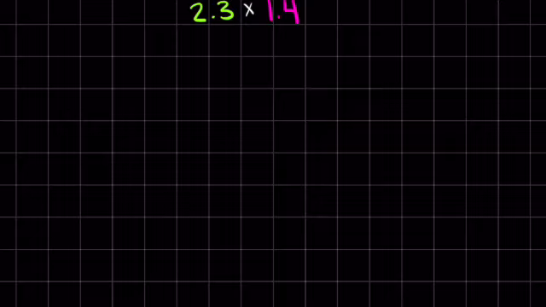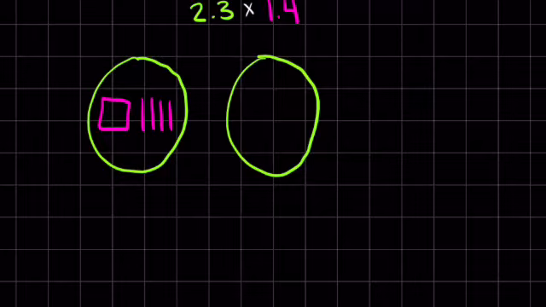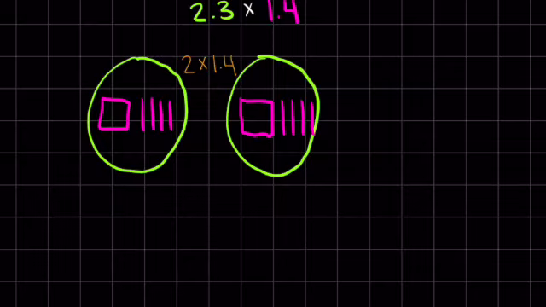So I'm going to start with 2 whole groups, and the size in each of those groups is going to be 1 whole and 4/10. Okay, this problem is showing 2 times 1 4/10, right? Because I have 2 groups and each group is the size of 1 4/10.